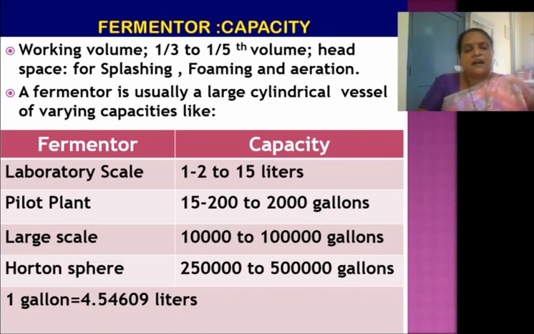Larger than this are the large scale fermenters with the capacity of 10,000 to 1 lakh gallons. The fermenters which are larger than this are called Horton spheres. They are spherical rather than cylindrical, and their capacity is 2,50,000 to 5 lakh gallons.